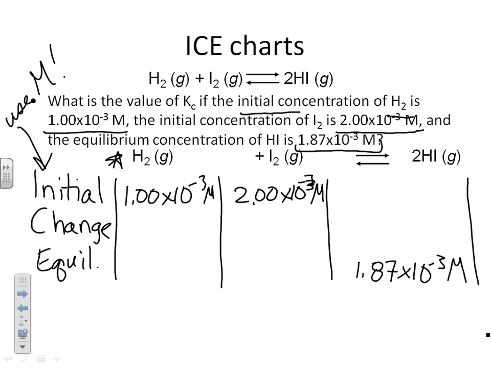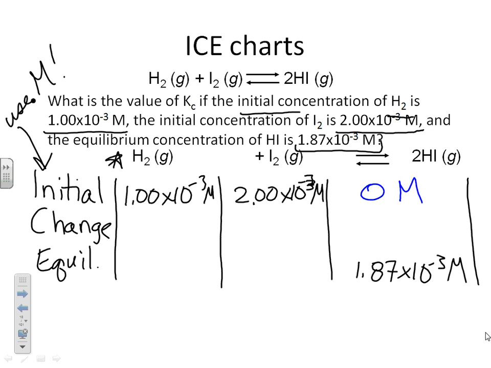You can always assume, unless the problem specifically tells you otherwise, that you are not starting with any product. This problem does not tell us that we are starting with any product, which means we are going to know that our initial concentration of product is 0.